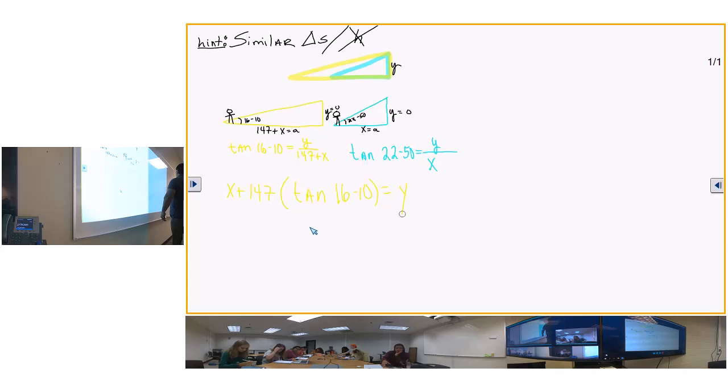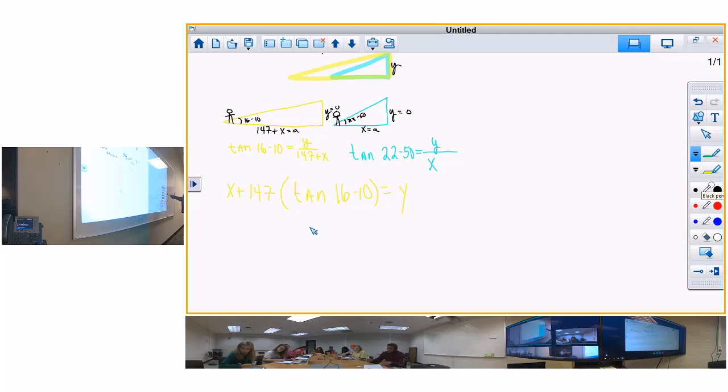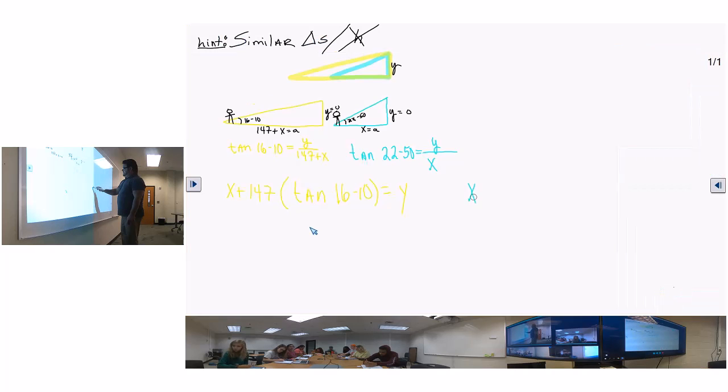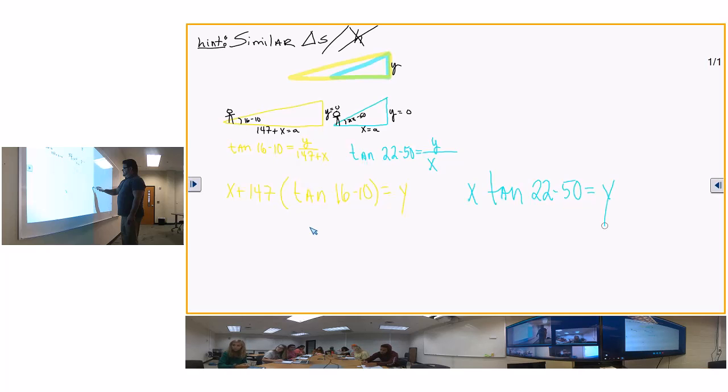And then the blue should be x times the tangent of 22.50 is equal to what? Y. Now what can you do if both of these equations are equal to y? Set them equal to what? Each other. So that's what you're going to do.